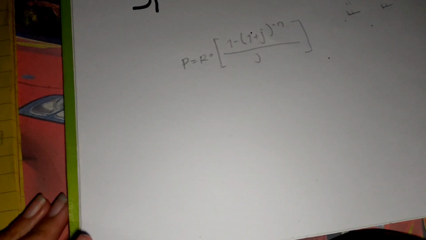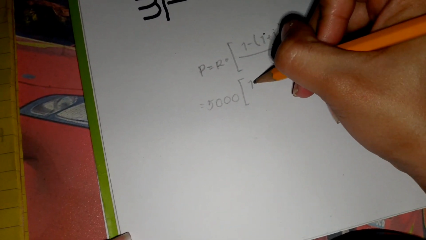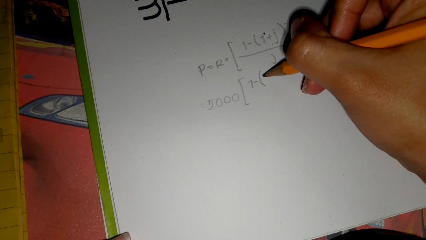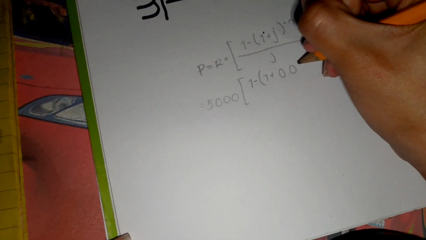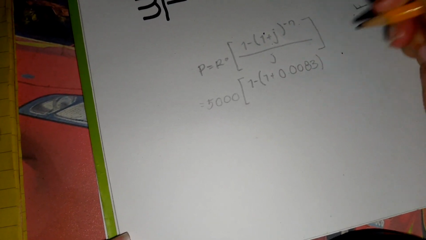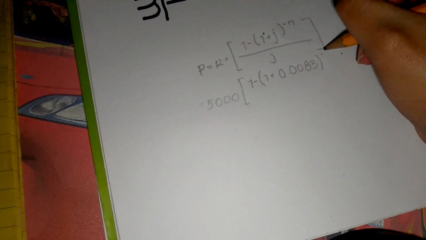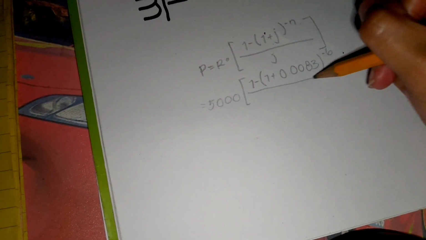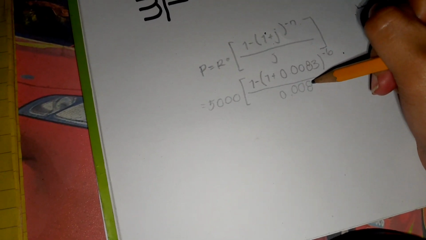For the R, we have 5,000 ulit. Then kokopyahin lang 1 minus 1 plus yung J natin, which is 0.0083. Then the N we have 6, but it is negative, over 0.0083.